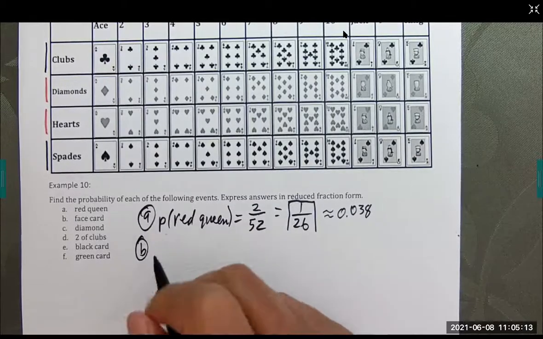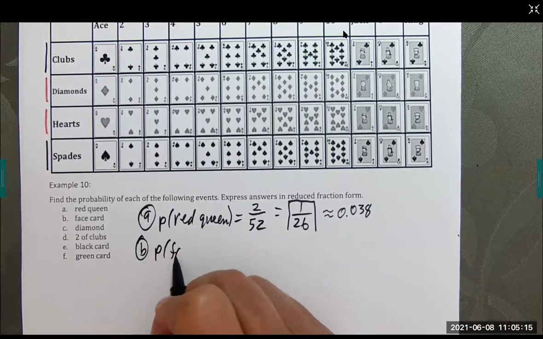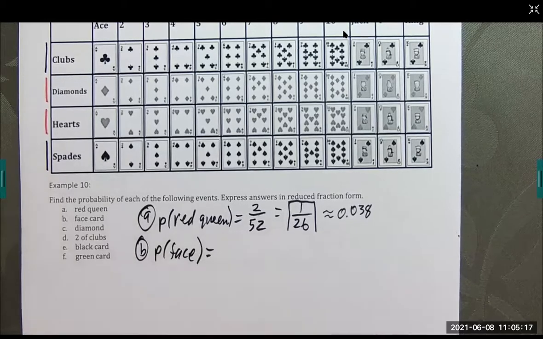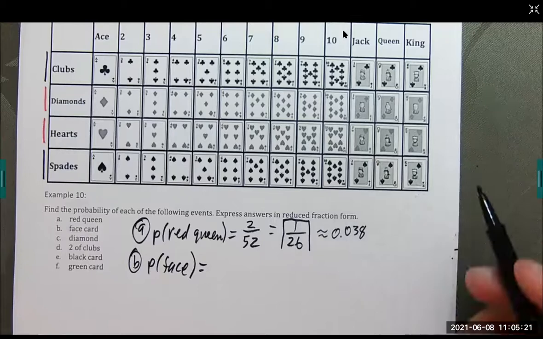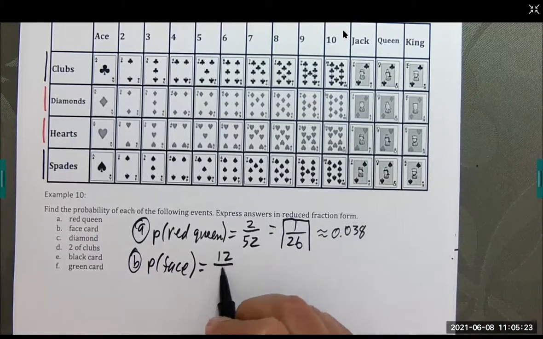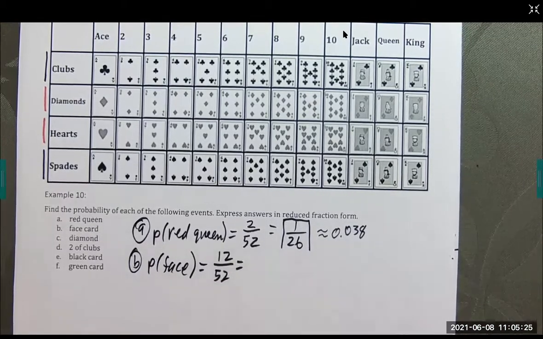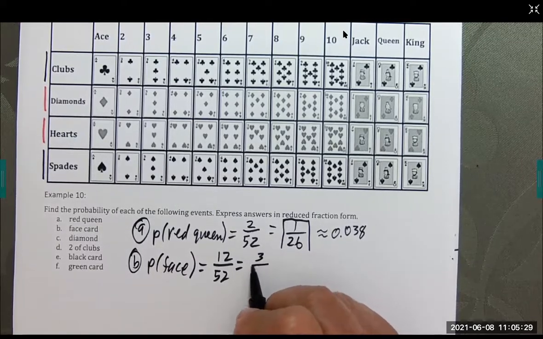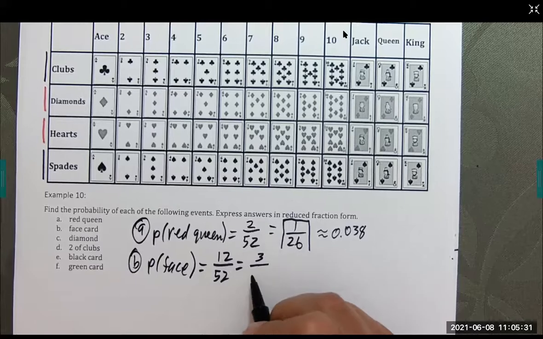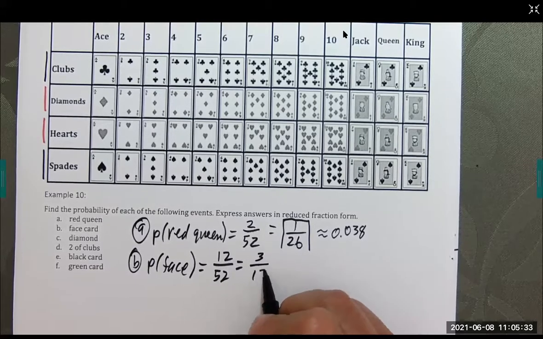Part B, a face card. Well, let's see how many face cards there are. 1, 2, 3 times 4. There are a total of 12 face cards out of the 52. And that's going to reduce to a 3 over 13.